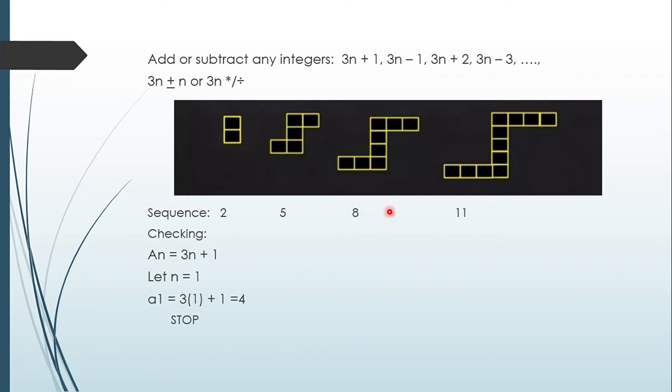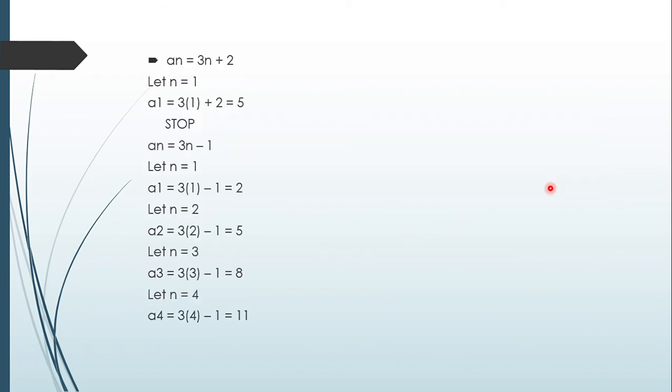So, ang gagawin nyo dito ay trial and error. So, since nakuha ni 3n minus 1 yung tamang checking, the answer is the nth-term formula is 3n minus 1.